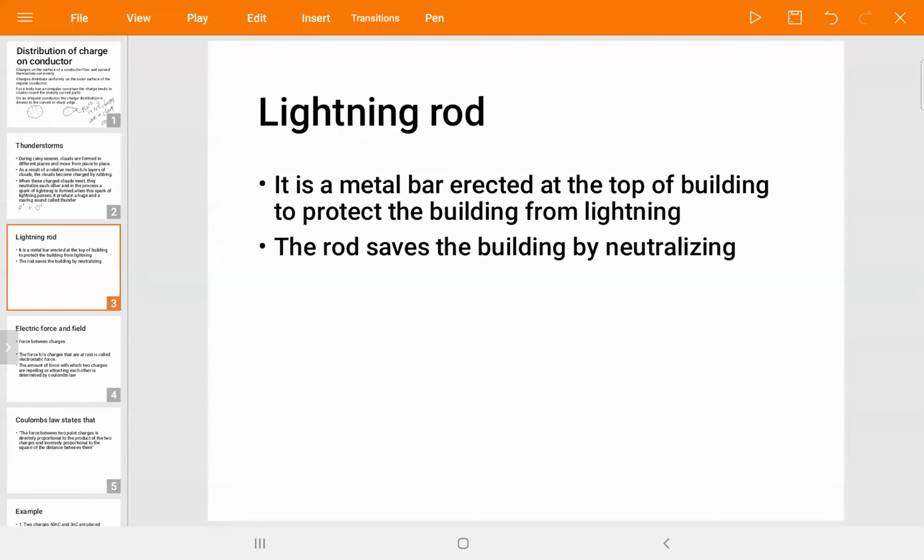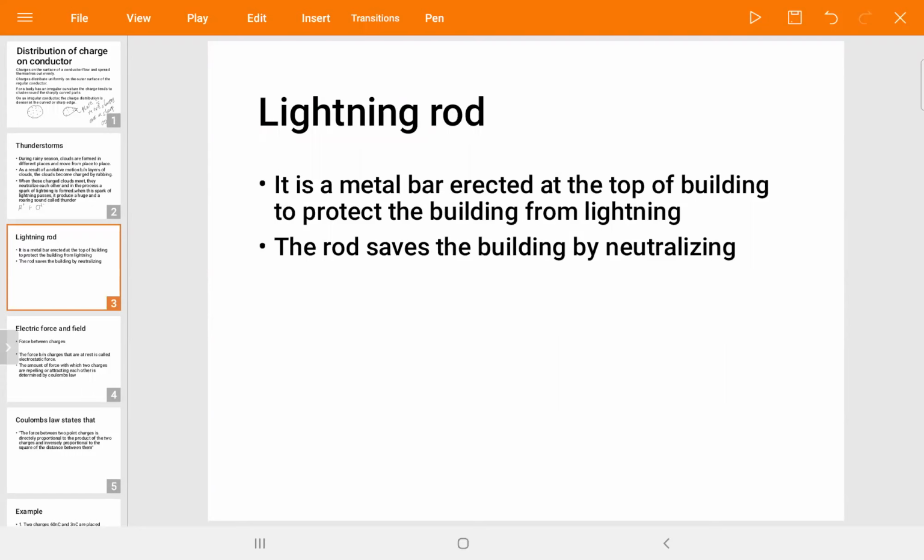To protect the buildings from this hazard, every building has a lightning rod, which is a metal rod conductor made from copper or any other good conductor. This rod is erected over a building roof, and the other end goes to the ground.